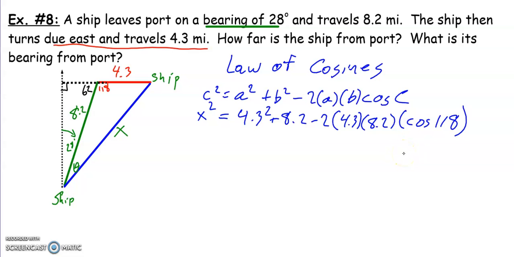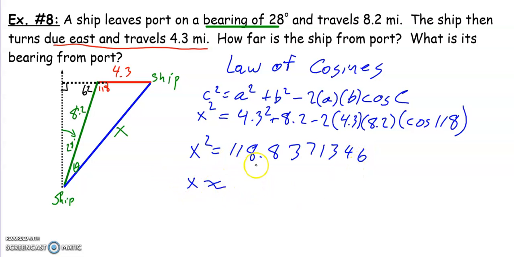I put all of that into my calculator, and I end up with x squared being 118.8371346. Take the square root of that answer, and this unknown side is about 10.9 miles. I am about 10.9 miles away from port.